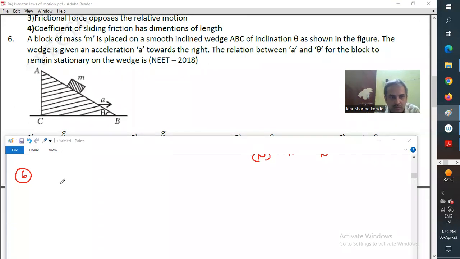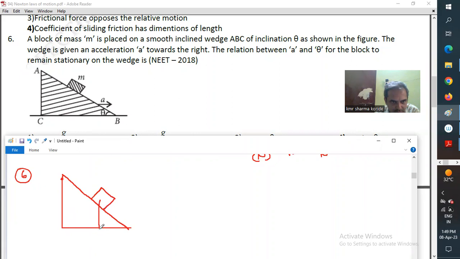Let me draw the diagram. The block of mass M is on the inclined plane. Don't forget to take the resolution. Mg acts vertically downwards, and this is the normal reaction.